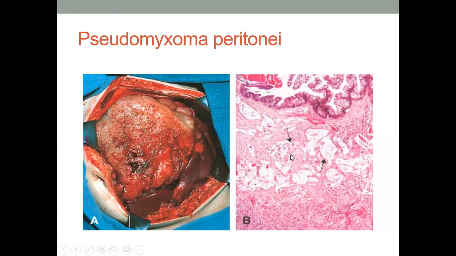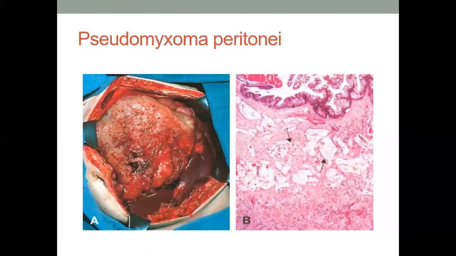There is mucin secretion by the tumor, and this mucin leaks into the peritoneal cavity, into the whole abdomen. And that is called pseudomyxoma peritonei. So that was about appendicitis and appendiceal tumors.